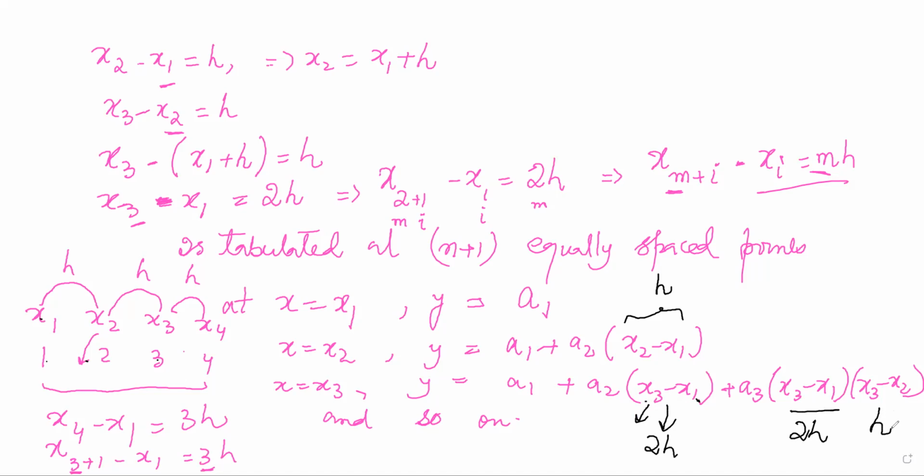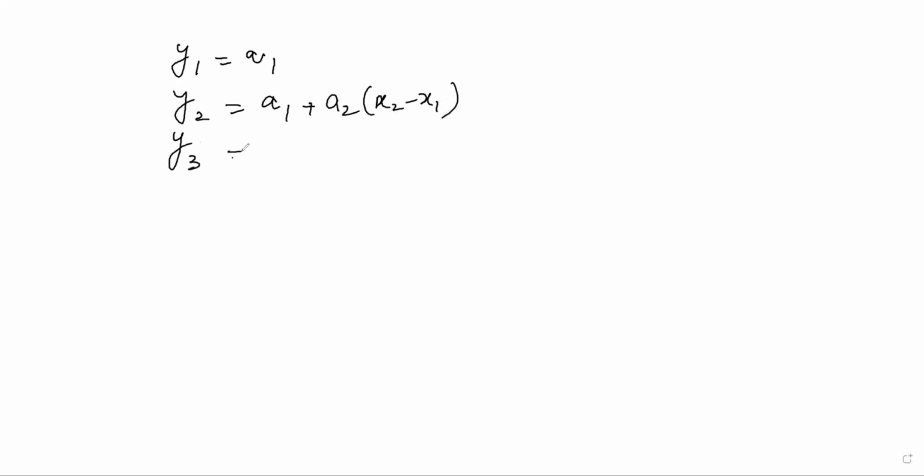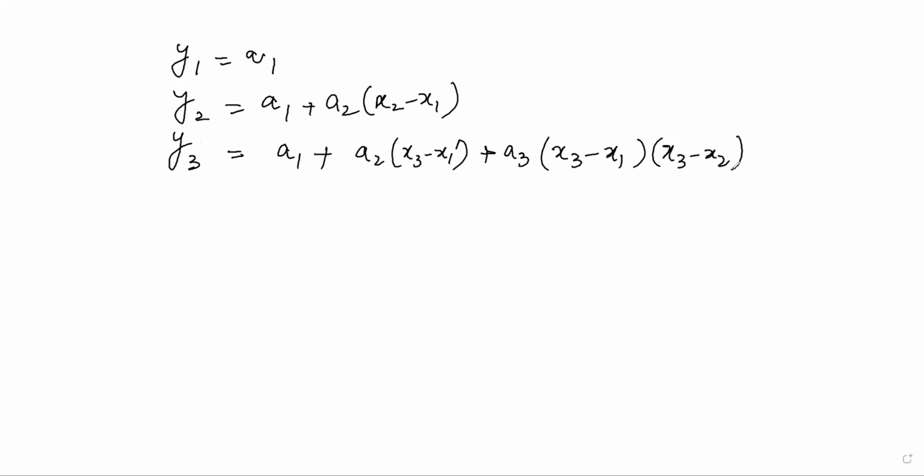So what I will do is generally write all these expressions now. We had y1 is equal to a1, we had y2 is equal to a1 plus a2 times (x2 minus x1), and we had y3 is equal to a1 plus a2 times (x3 minus x1) plus a3 multiplied by (x3 minus x1) into (x3 minus x2), and so on.